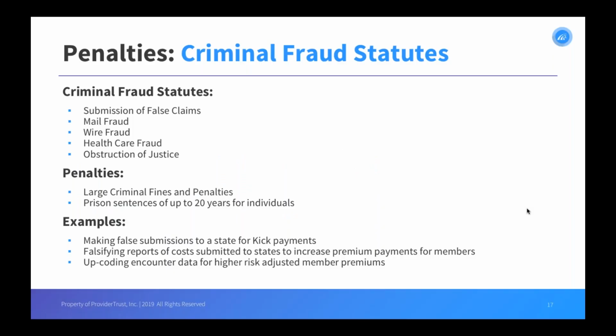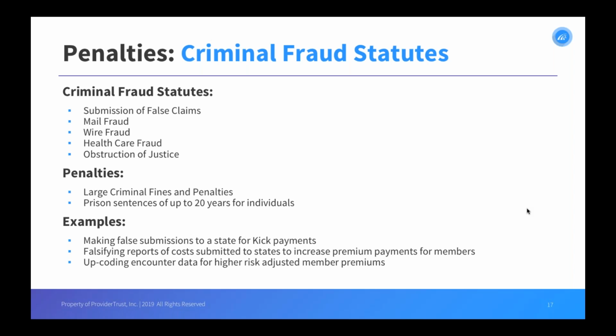So the first one, criminal fraud statutes. Right, these are essentially knowing and willful compliance violations. Depending on severity, they can cause your company to violate several general criminal statutes that make it a felony to defraud Medicare, Medicaid. It's punished differently. Examples of some of these: submission of false claims, mail fraud, wire fraud, healthcare fraud, obstruction of justice.